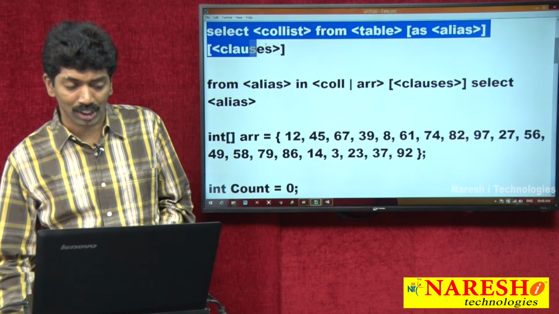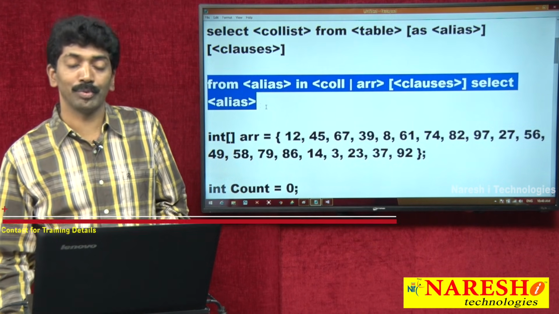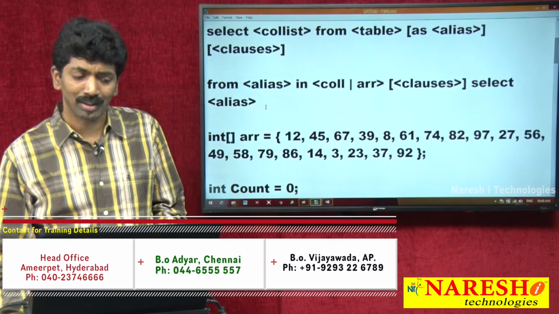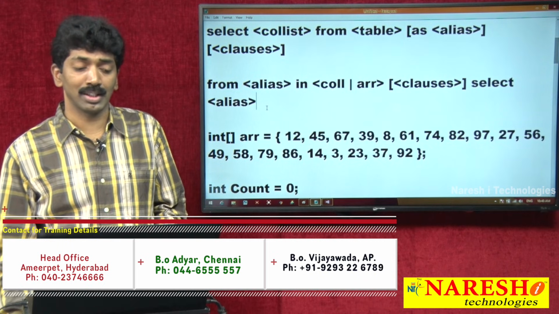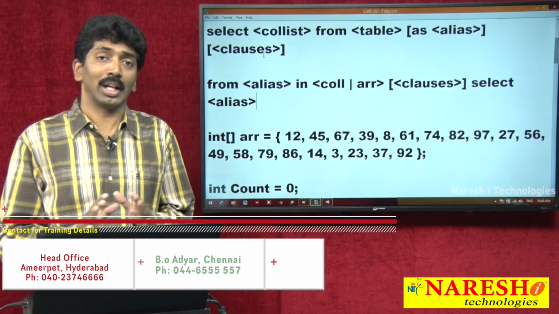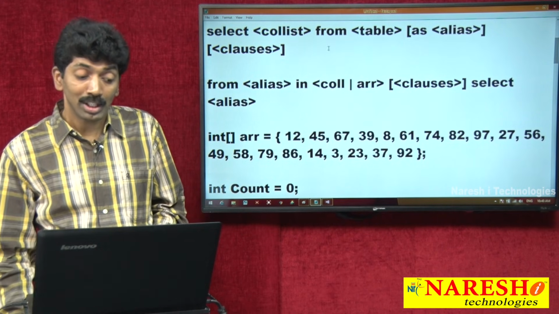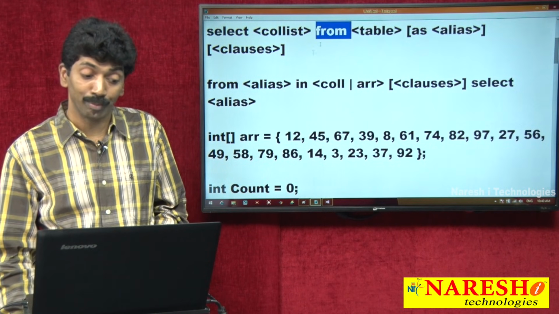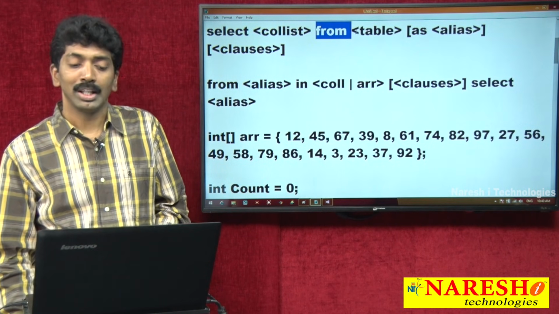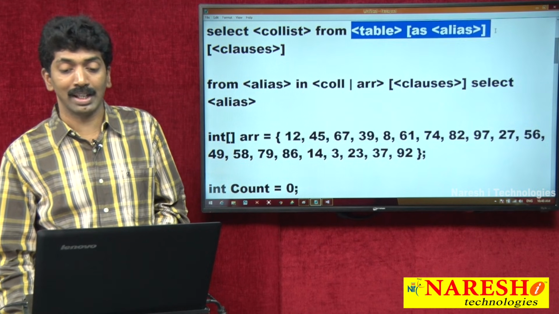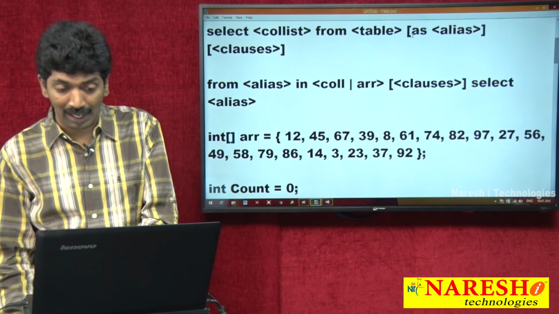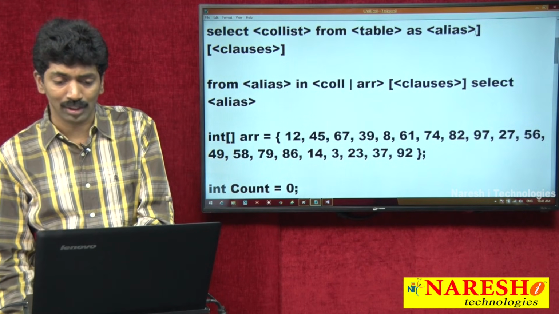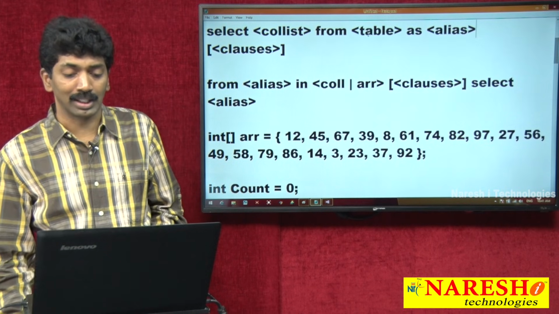Whatever you have in this query is exactly the same thing we have here also, but the simple difference is that the keywords are a little jumbled. This query starts with the from keyword. From, here what did you write? Table as alias. Okay, this is optional, but still as per syntax, table as alias.